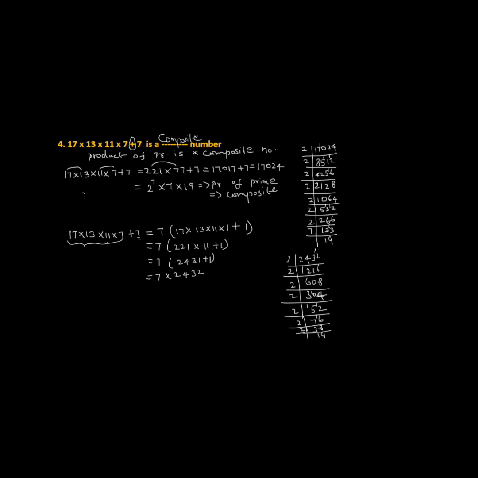Now that's all. So we got the same answer, 7 into 2 to the power 7 into 19.